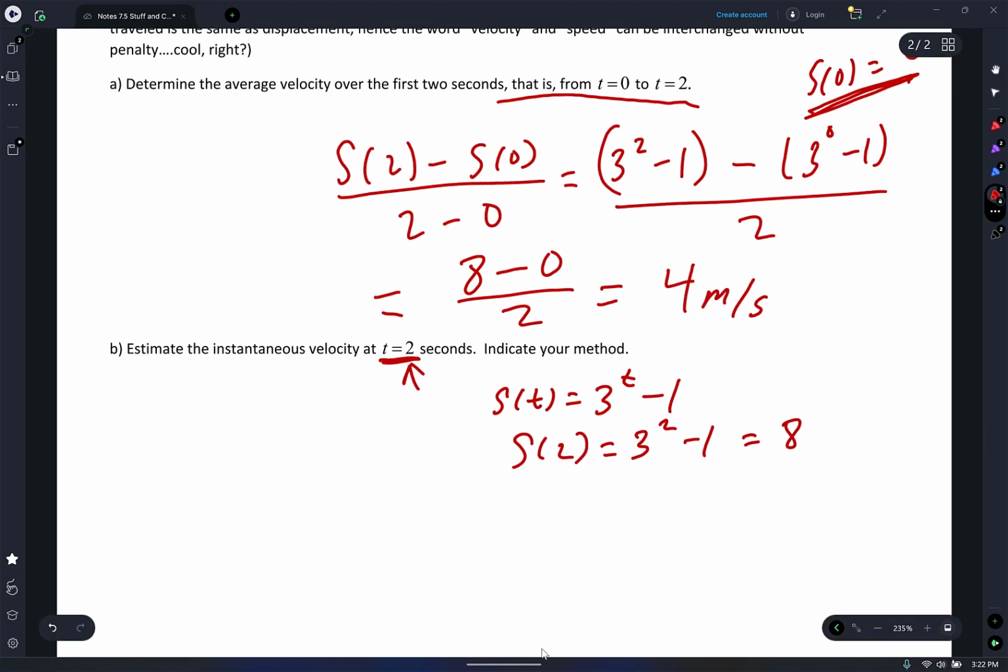Well, but first I got to write something in the front because I want instantaneous. Limit as h approaches 0. Okay, what's my y2? That's s of 2.